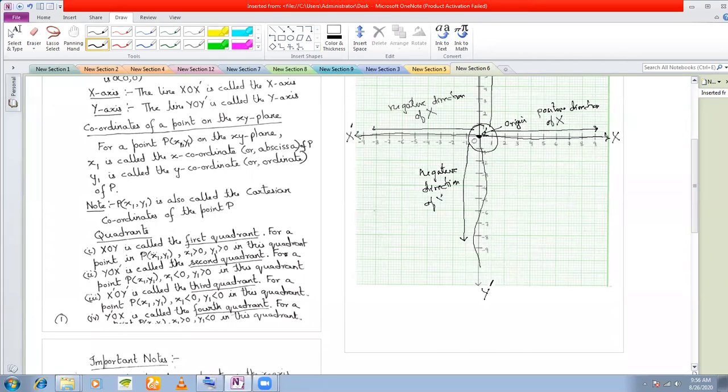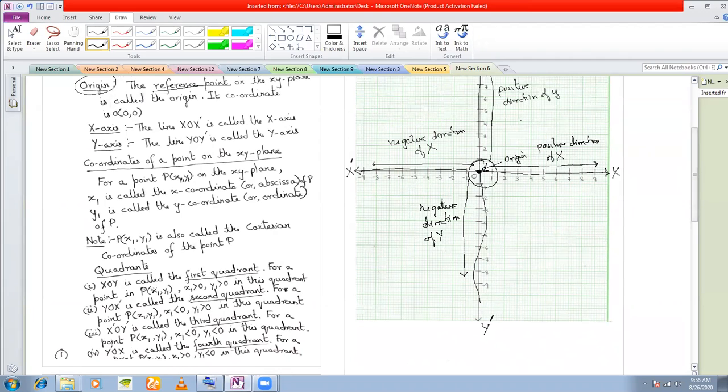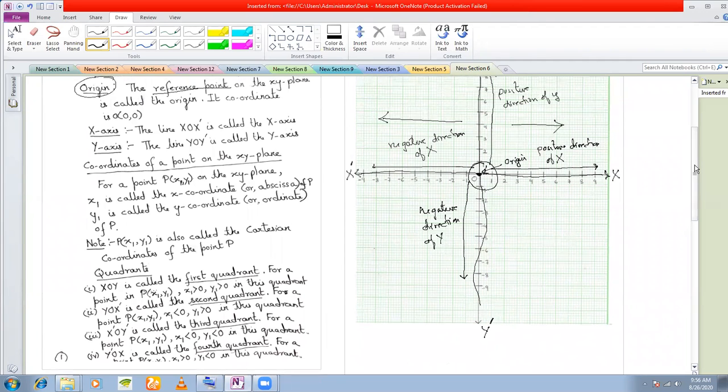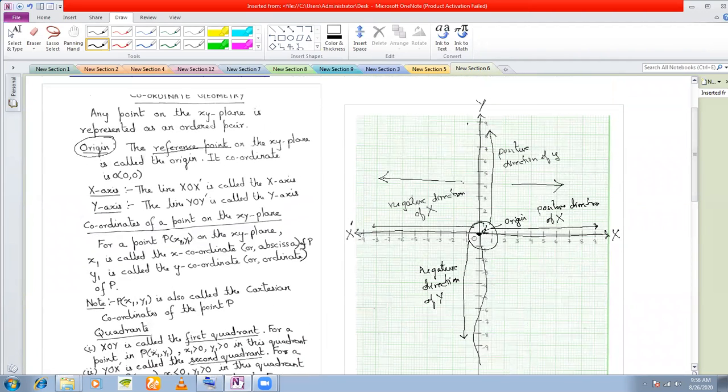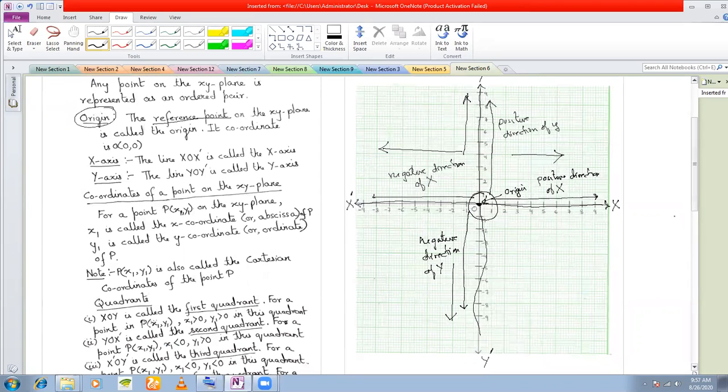So this direction is the positive direction of x, this direction is the negative direction of x, this direction is the positive direction of y, and this direction is your negative direction of y.